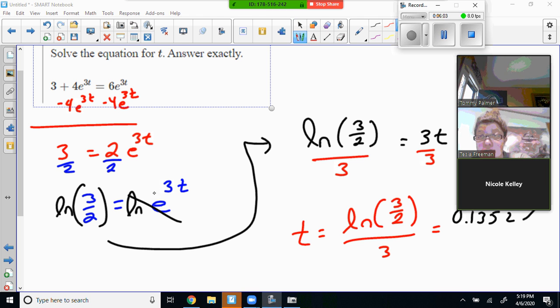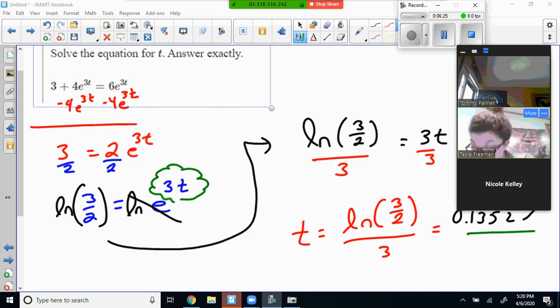It just left me with everything that was up in the exponent, right? And what you do to one side, you do to the other. So, which gave me this, right? And then I divided both sides by 3, which gave me, I went out to 4 decimals. Okay? All right. Any questions off of that one?